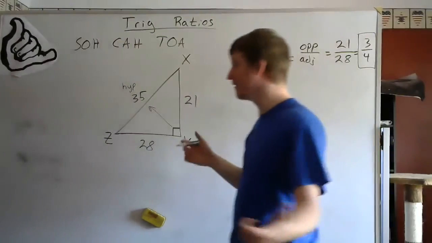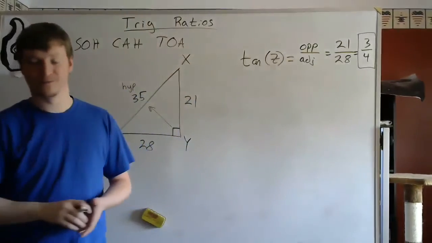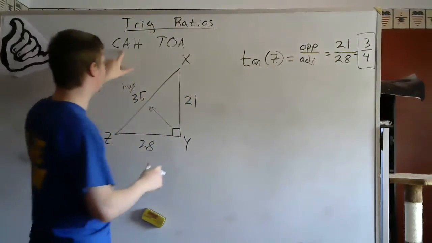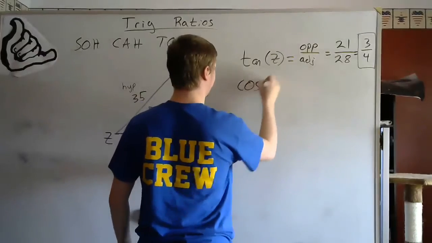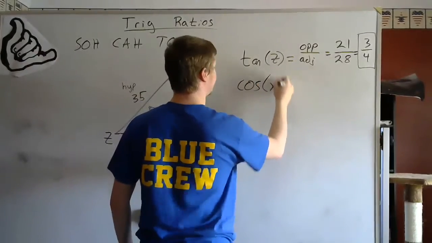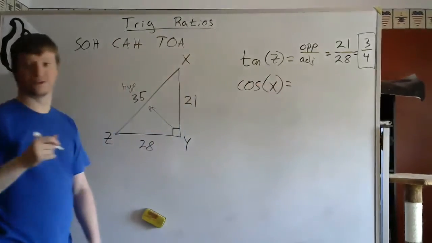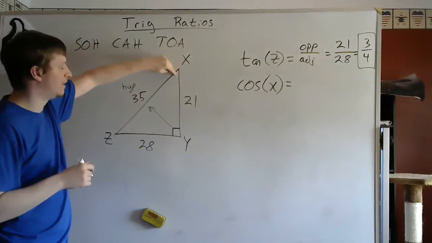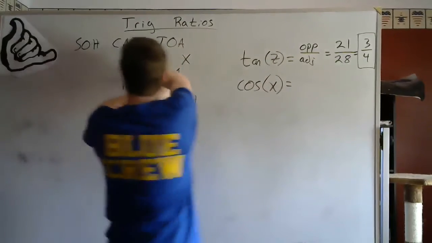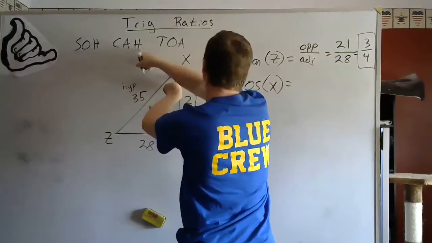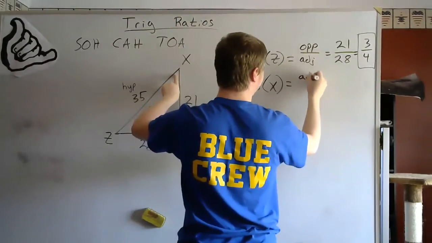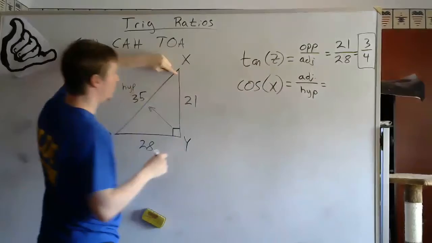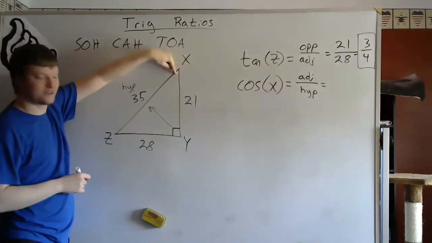I could also figure out, and this isn't on the worksheet, but just to show you and take this a little bit further here, let's figure out what the cosine of X is. I could certainly figure that out too. So here's X. I'm looking up here, and cosine, according to this, is adjacent over hypotenuse. What's adjacent to this angle X?